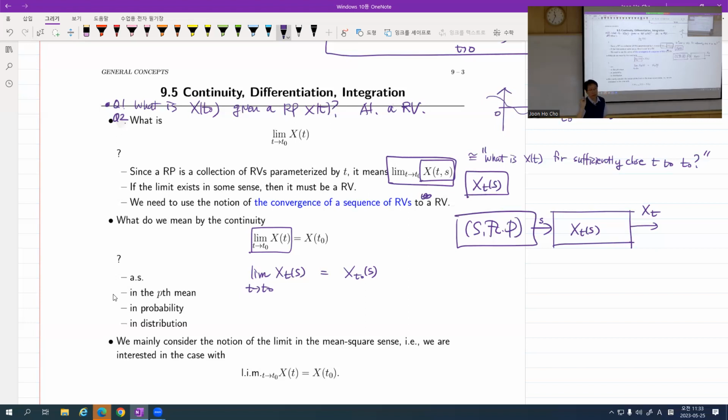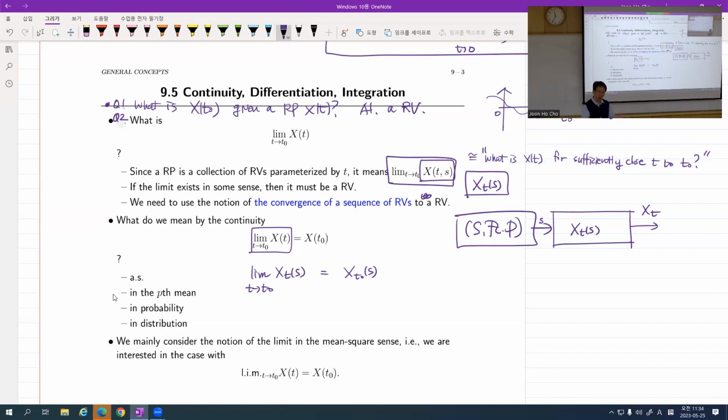Now you have a countably infinite number of random variables that converge to another random variable, or not. So the problem is suddenly equivalent to the convergence of a sequence of random variables to another random variable, which was the topic of previous lectures.